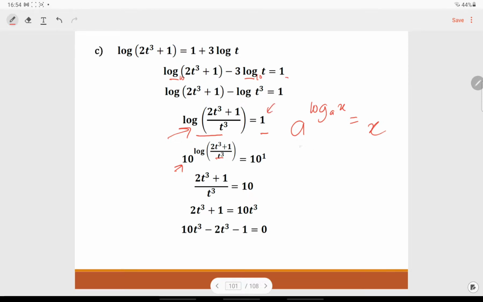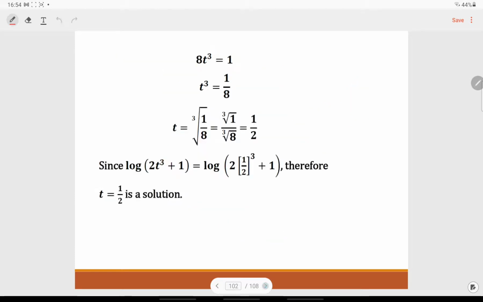Based on this property, the remaining value is this x. So we have (2t cubed plus 1) over t cubed equal to 10. This time it's very easy for us to solve. We just need to solve for t, so we have t equal to half.